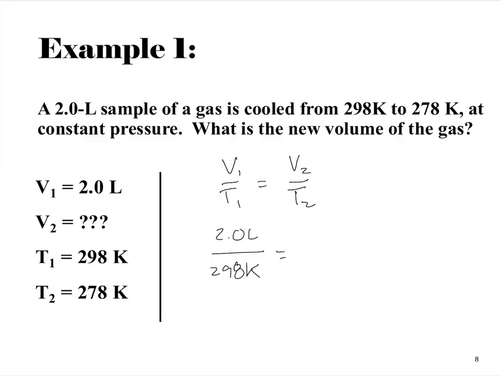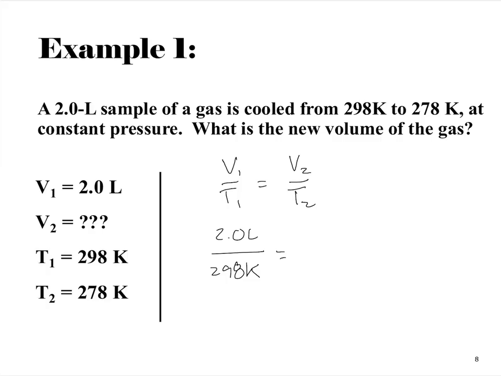We want to make sure that we're associating the appropriate values with each variable. Remember with M1V1 equals M2V2, the hard part is which volume goes with which concentration. It's the same idea here. Which volume goes with which temperature, which pressure goes with which volume when we're looking at our gas laws.